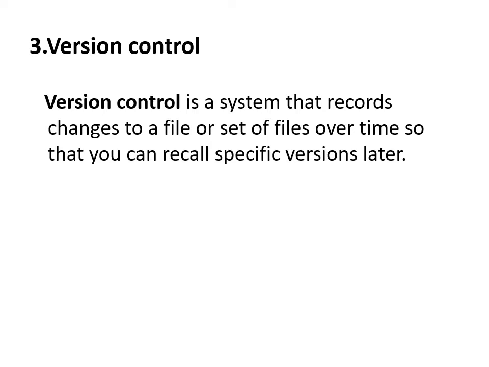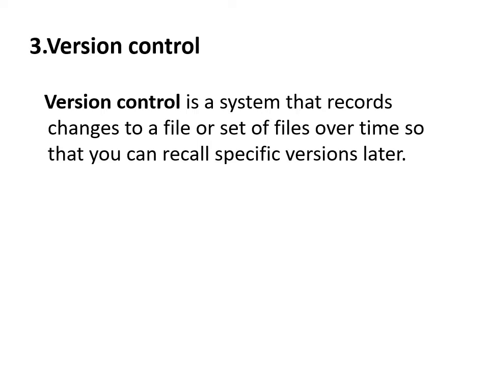Version control systems are a category of software tools that help a software team manage changes to the source code over time. Version control software keeps track of every modification in a special kind of database.